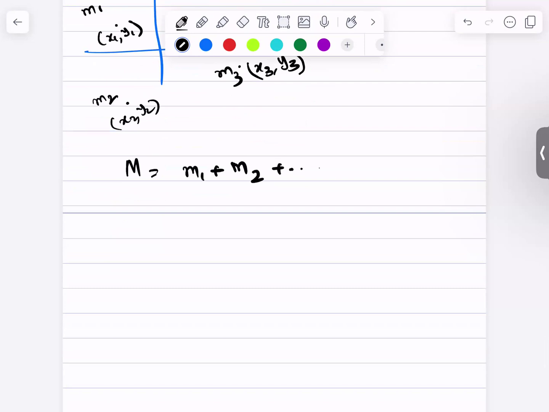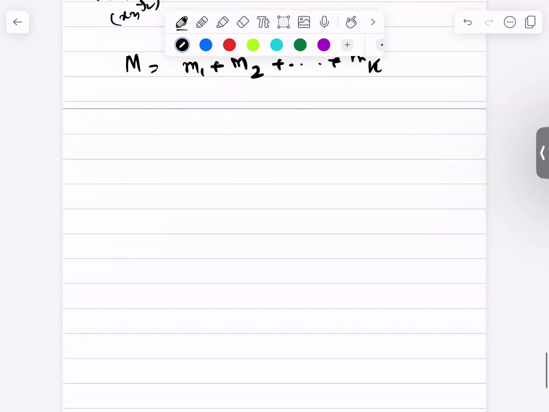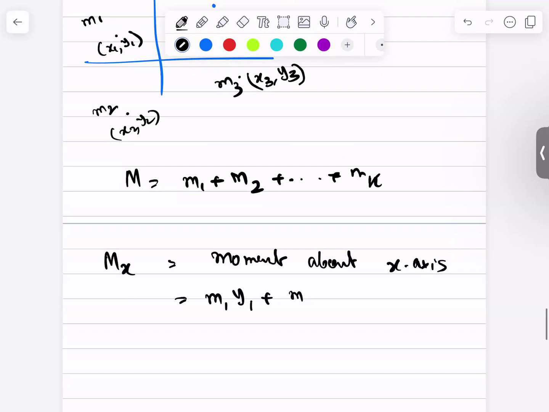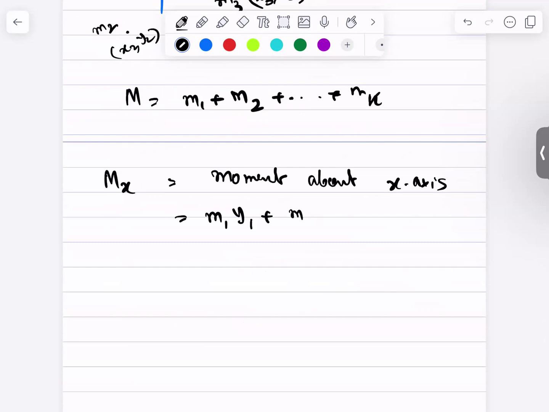Say total mass is m1 plus m2 up to mk, when you have k different point masses at different points. And then say Mx is the moment about the x-axis. That means you multiply each mass with its y coordinate: m1 times y1 plus m2 times y2 plus so on, mk times yk.